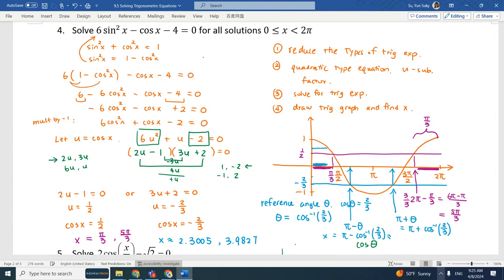Thank you. So the first number is 2.3005, and this number is 3.9827. So these are all the solutions between 0 and 2 pi. And we finish this problem.